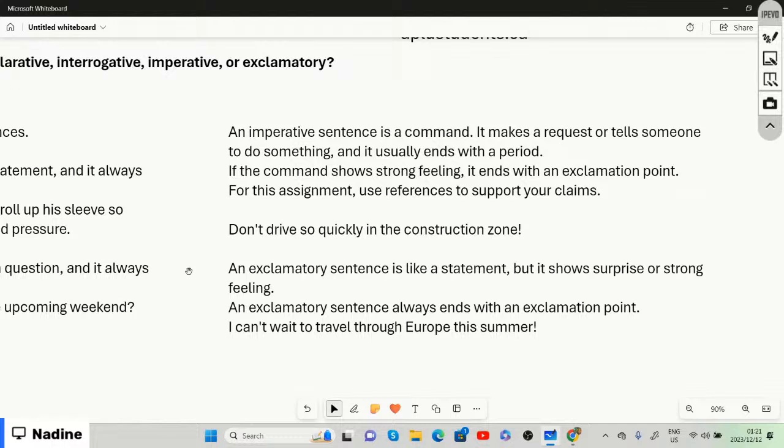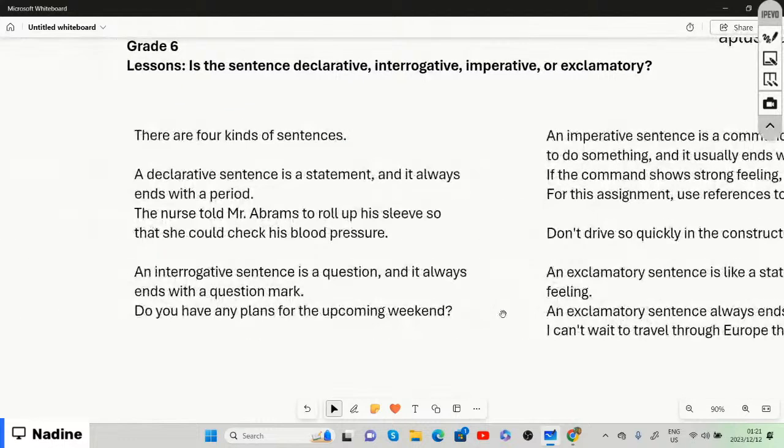For example, I can't wait to travel through Europe this summer. If that is an exclamatory sentence, then it shows the surprise and the excitement in the voice, or the excitement of the person putting the sentence across.